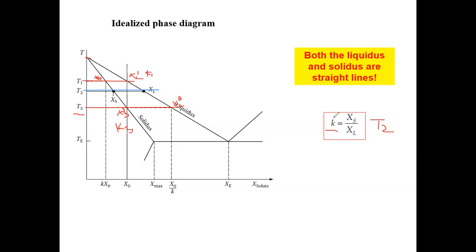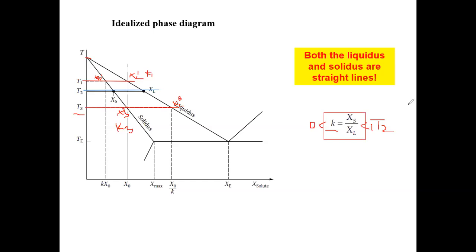Also, if we look at this number, is K going to be smaller than 1 or larger than 1? K is a number between 0 and 1, at least based on our setup for the phase diagram. Again, this is a very important observation that we're going to use later. So that is one important setup we introduce.